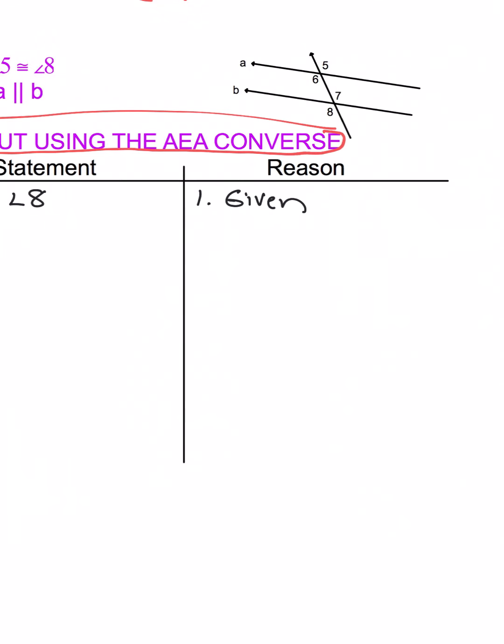Okay, so when I look at my picture, I've got some vertical angles, right? 5 and 6 are vertical angles, so I could write down that angle 5 is congruent to angle 6 using the vertical angle theorem. See any other vertical angles? I hope so. Right? 7 and 8 are also vertical angles, so I can write down those as well.